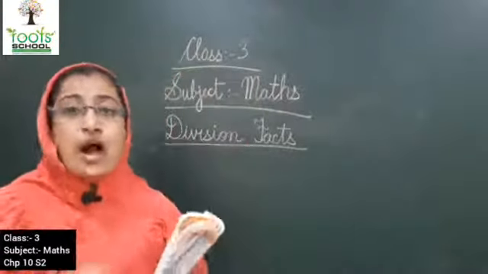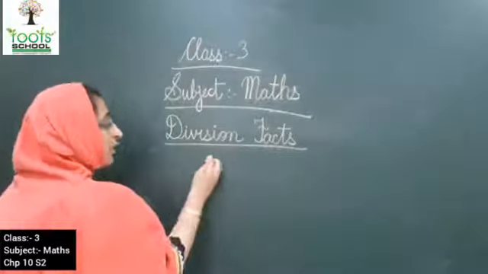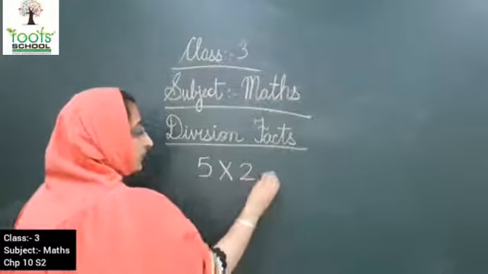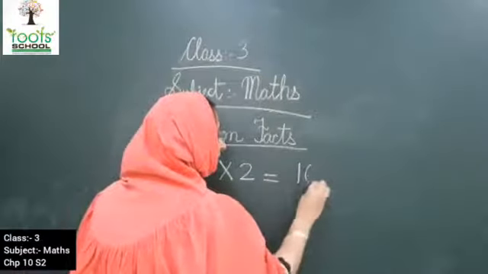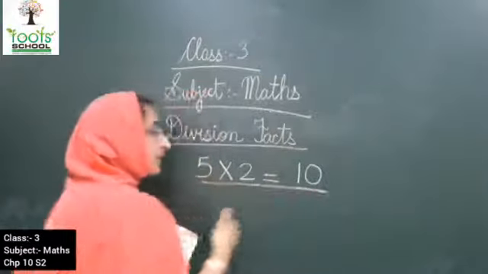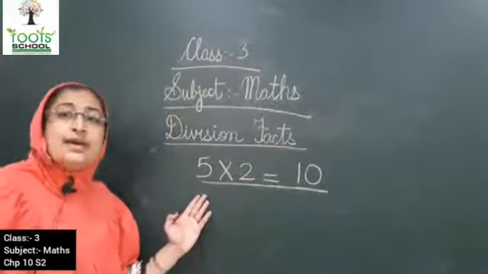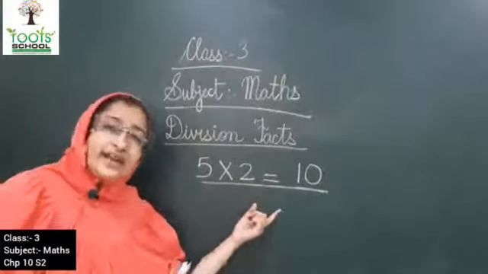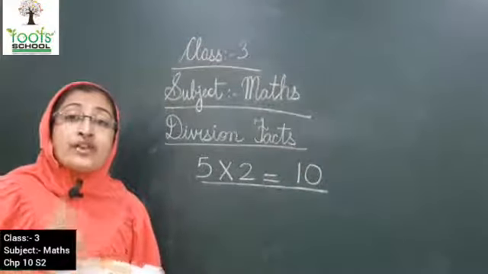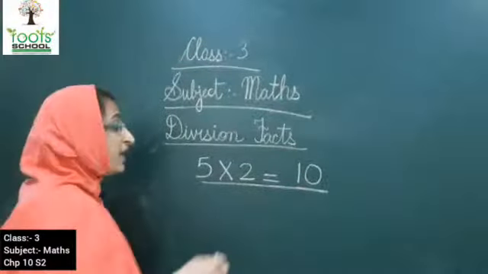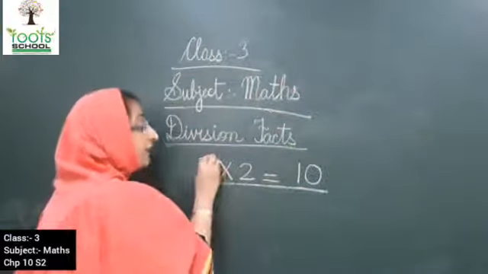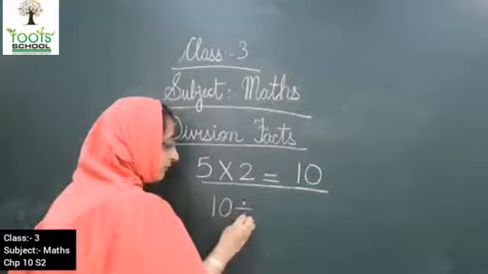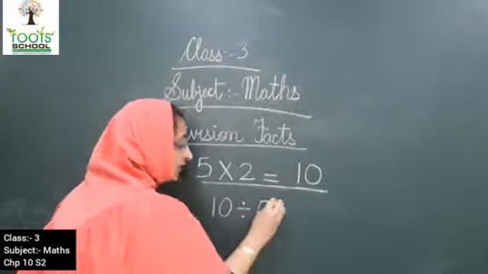Now I will show you how. Okay kids, now 5 into 2 is equal to 10. This is a simple multiplication sum. Now how are we going to reverse this? If I say divide 10 by 5, what did I tell you?